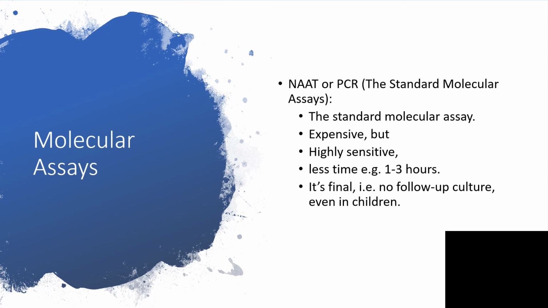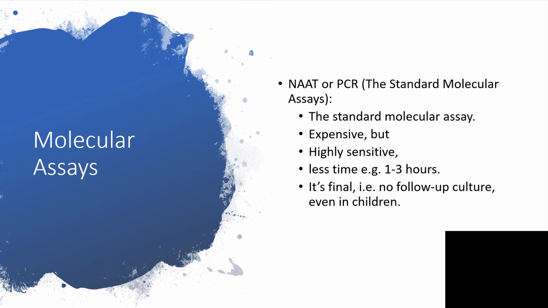There's what we call molecular assays. So we've talked about rapid antigen detection tests. We've used Centor criteria. We have talked about throat culture. Now we want to talk about molecular assays, and that will involve two processes. So you can have what we call nucleic acid amplification test, or you have polymerase chain reaction.